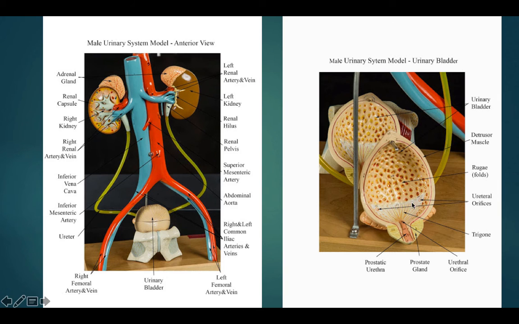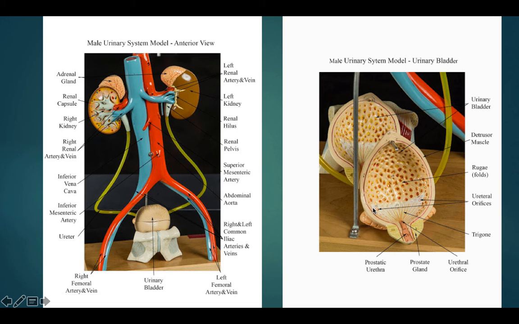Then let's look at one of the structures you're supposed to know for the urinary bladder, called the trigone. So here is the trigone, and it's these three openings. So here, 1, 2, 3, and this basically forms a triangle, right? Hence the trigone.